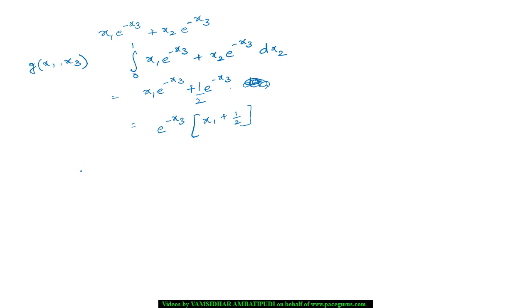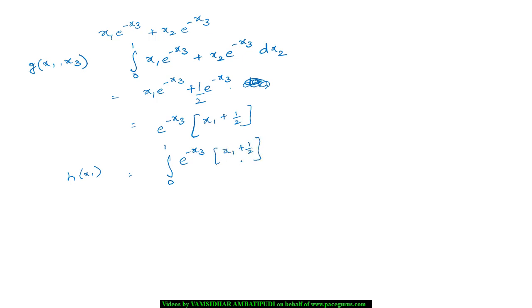Now I am also asked to find the marginal density of x1 alone. So if I want to find h of x1 alone, I will integrate it with respect to x3. So we have e to the power of minus x3 times x1 plus 1 by 2.